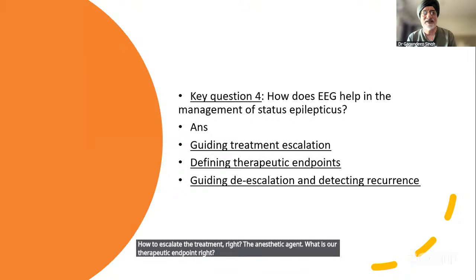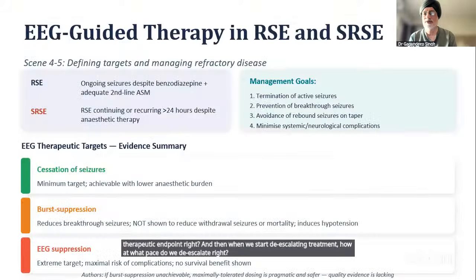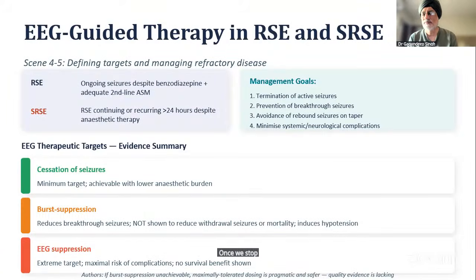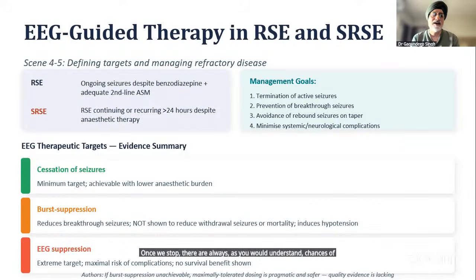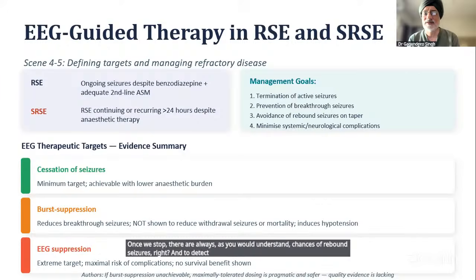And then when we start de-escalating treatment, at what pace do we de-escalate? How do we reduce the anesthetic treatment, and when do we stop? Once we stop, there are always chances of rebound seizures, and to detect those rebound seizures, you need to have the patient on continuous EEG monitoring.